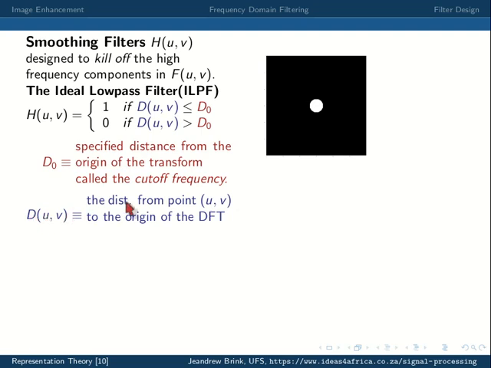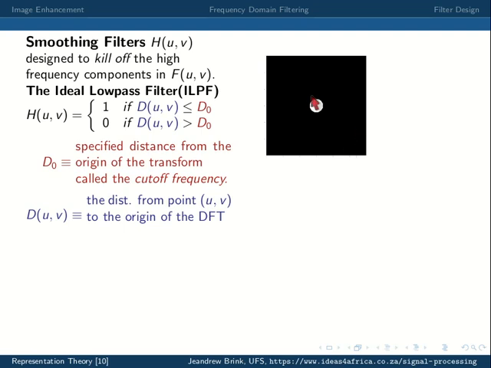It's actually the distance from the point (u,v) to the origin. In other words, suppose you were to have a point over here, and I would say its coordinates are, say, u equals 3, v equals 4, then D(u,v) would be the square root of 3 squared plus 4 squared. You would just use Pythagoras.